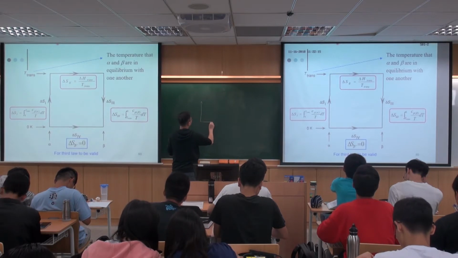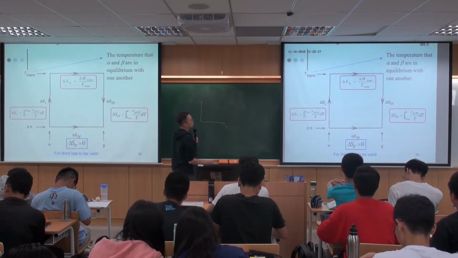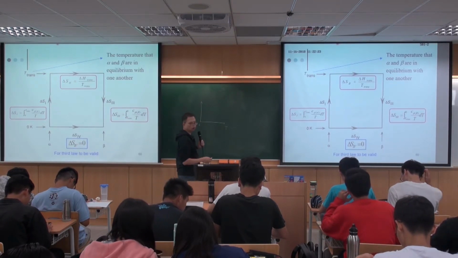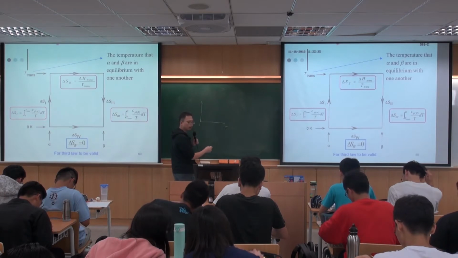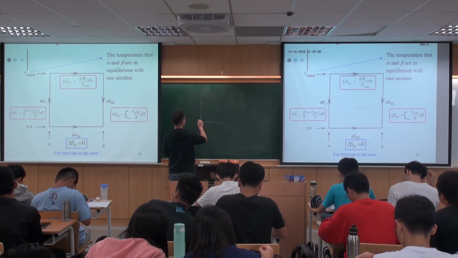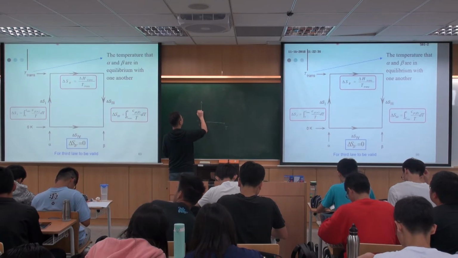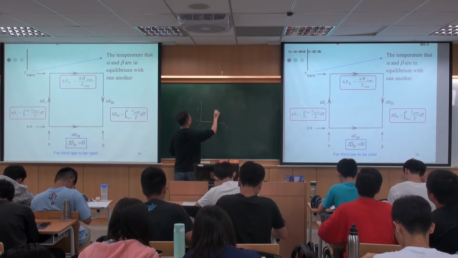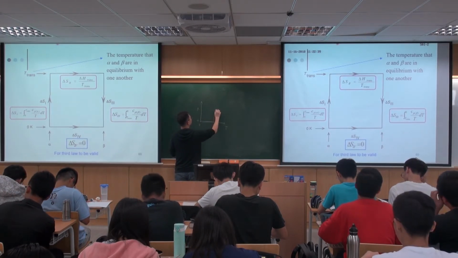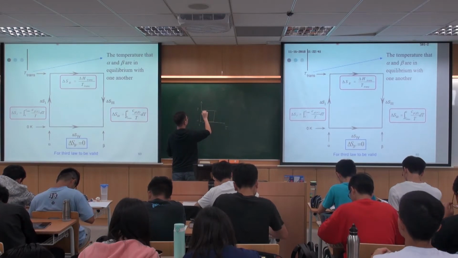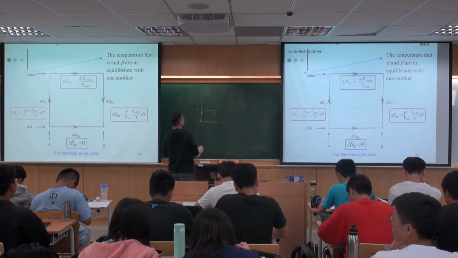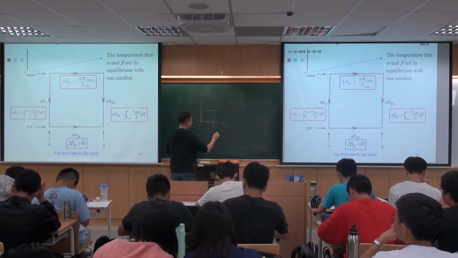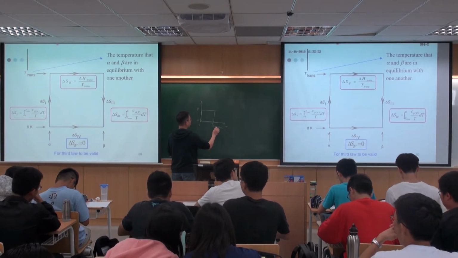Like if you consider temperature like this, and let's say this is 0 Kelvin. Let's say this is alpha, and this is the transformation.